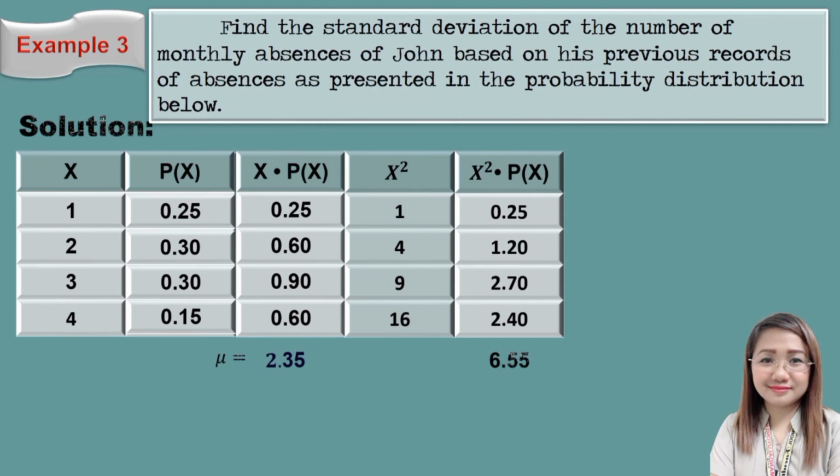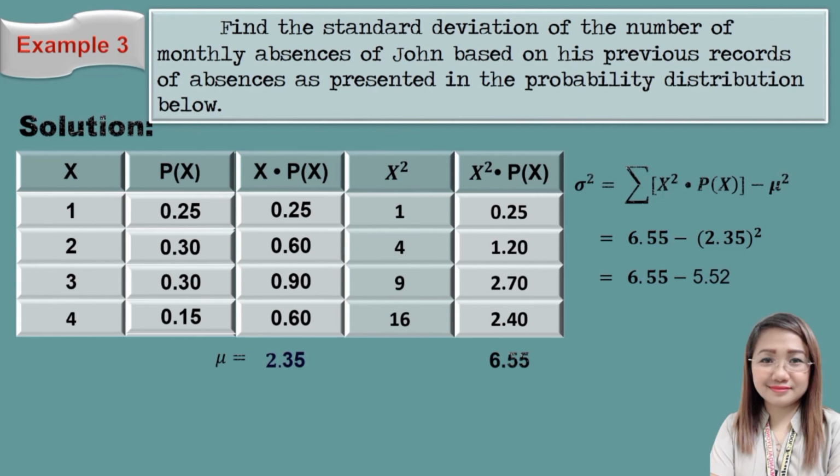We already have the value for the mean, and we already have the summation of the product of x squared and p of x. So therefore, we can now solve the value of the variance. Using the given formula, we have the summation of the product of x squared and p of x, which is 6.55, and the mean is 2.35. The square of the mean is 5.52.